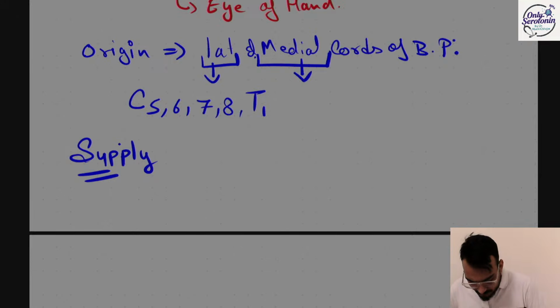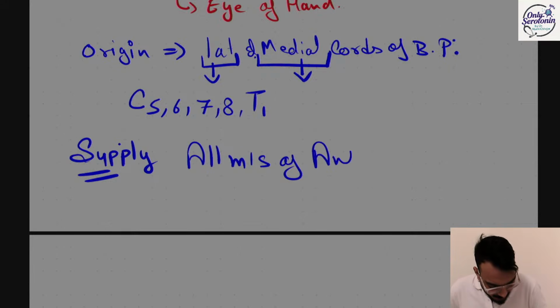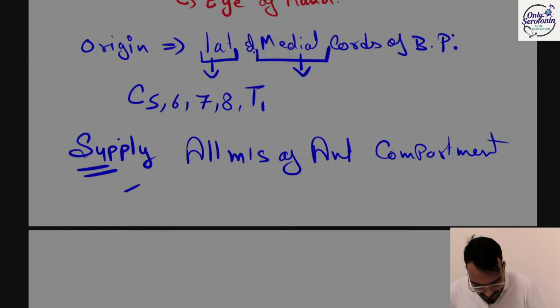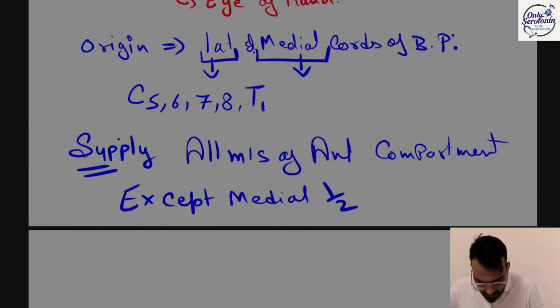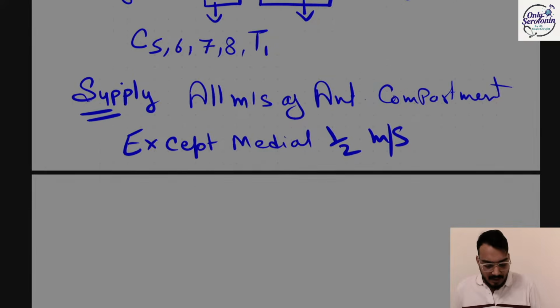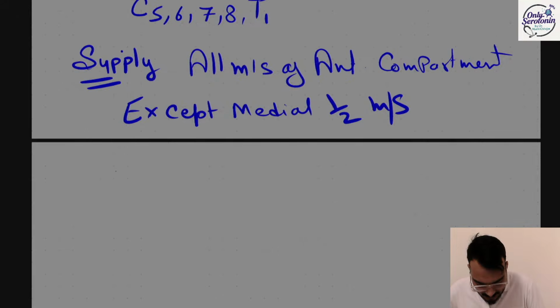Even in the forearm, all muscles of the anterior compartment, which we have already discussed above, except what, guys? Except the medial half muscles. What are these medial half muscles, guys?